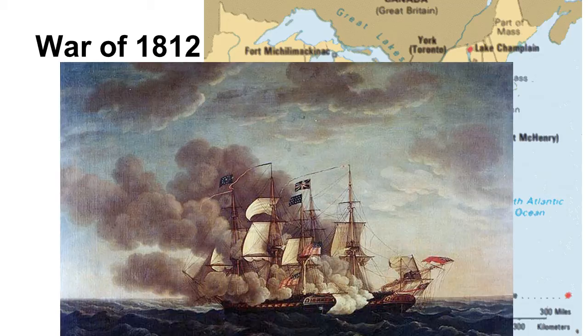So the Constitution is leading this group of ships, and one of the big things is their crews are very good. They're well experienced, they're well trained, and since the British have such a large navy, they can't afford to train crews that are so good.